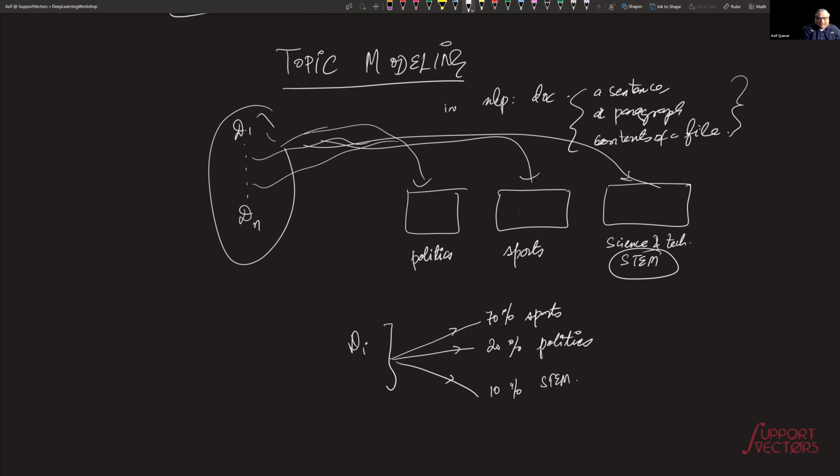So any given article, when you associate it with topics, you acknowledge the fact that it's not a watertight compartment. There is always a bit of overlap.